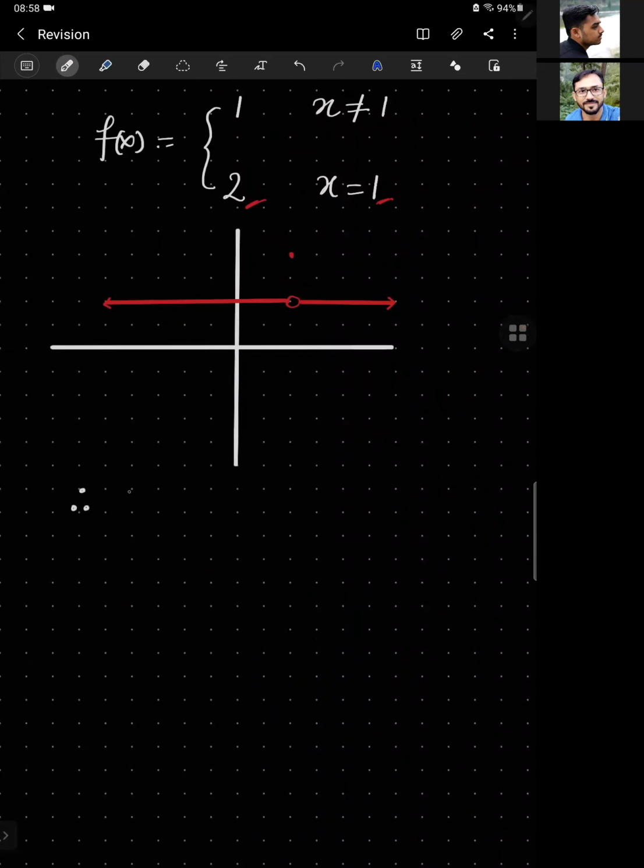Therefore, f(x) at x equals to 1, this particular point, is the point where we need to lift up the pencil, and this point is the discontinuity point.